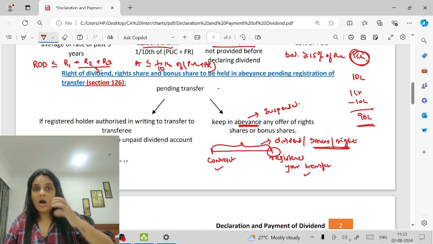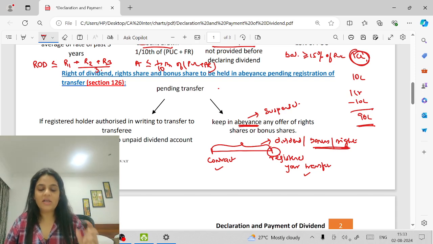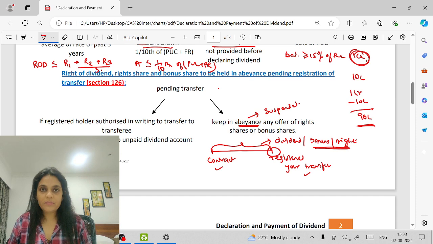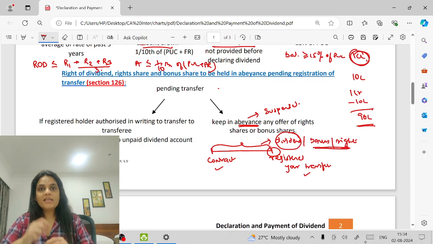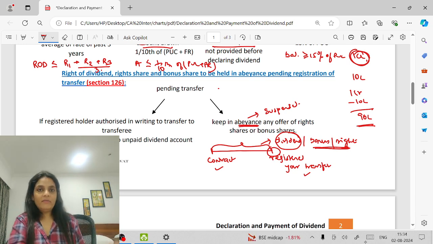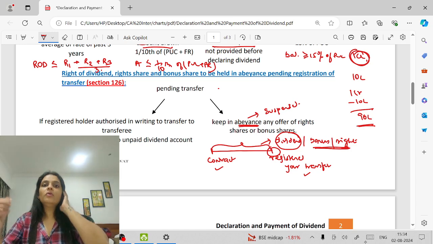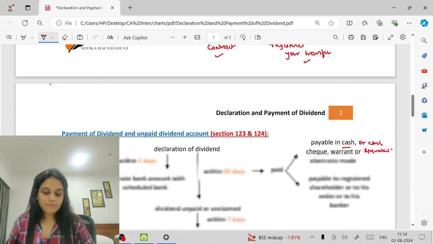If the company refuses registration, they will be given to the transferor. As far as dividend is concerned, if the registered shareholder has given a written direction to the company to pay the dividend to the transferee, the dividend will be paid to the transferee. But if he has not given any such written declaration to the company, it will be transferred to the unpaid dividend account, and then from there, you can go and claim the money.